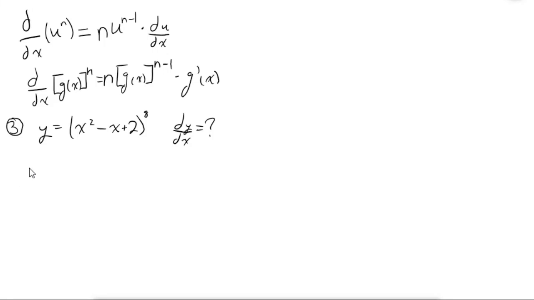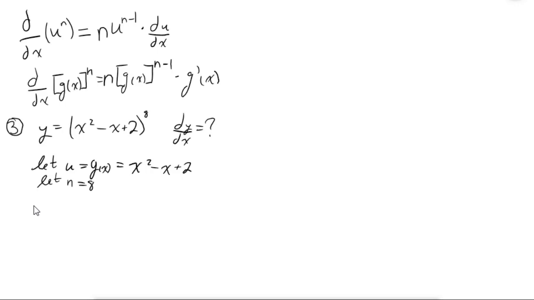So we will let u equal our function g of x, which is x squared minus x plus 2. And we're going to let n equal 8 because it's all to the power of 8.